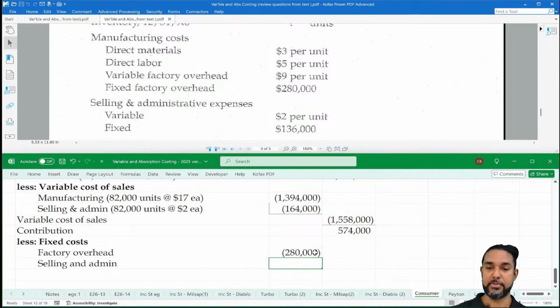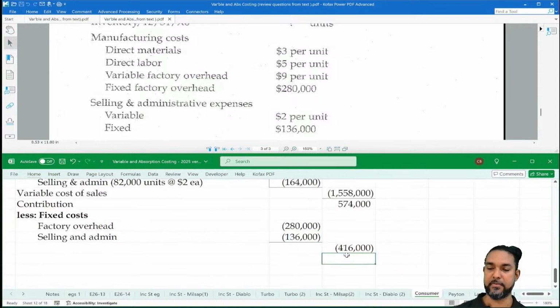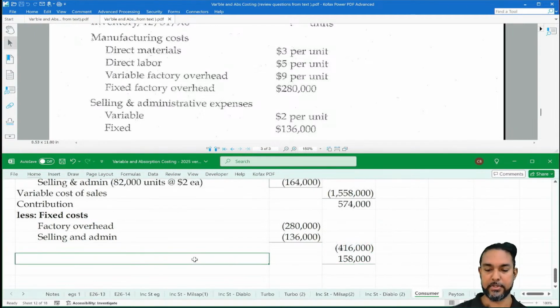Selling and admin is 136. That's 416, and then 416 from 574 will give us 158. Yep, there you go. Lovely. So that's the net variable costing net income.